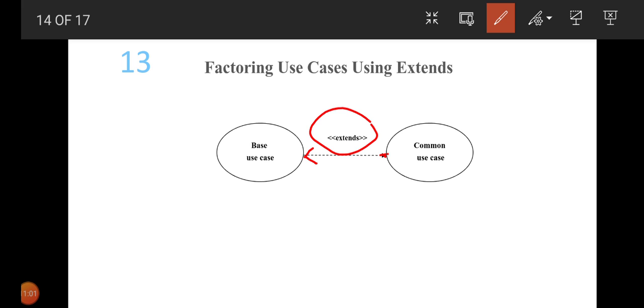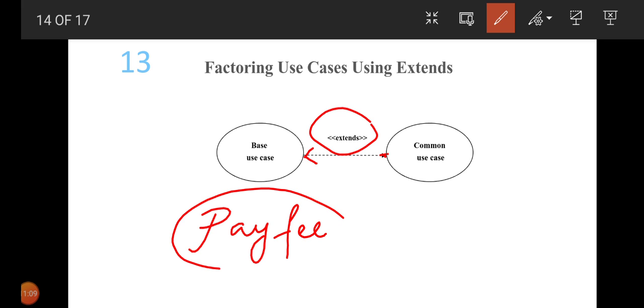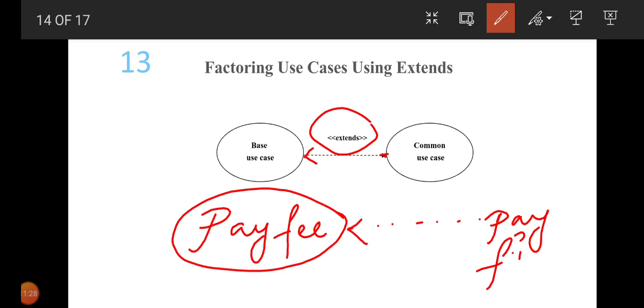So can we think of any example related to this? For example, pay fee. So this is a base use case, and paying fees, if we pay it within a particular time frame, we do not have to pay the fine, but if the time frame exceeds, we have to pay the fine. So under that scenario, we have to include an optional scenario which is pay fine.